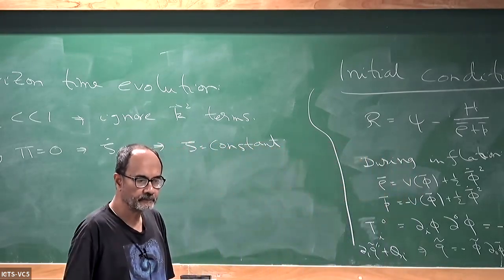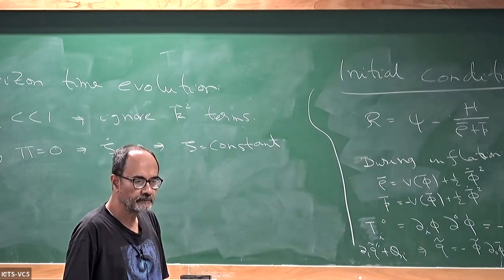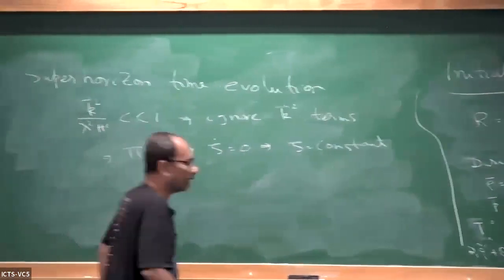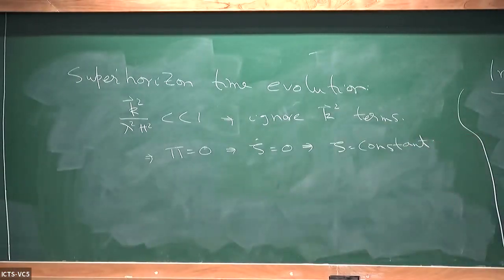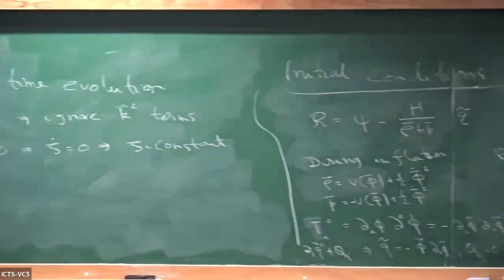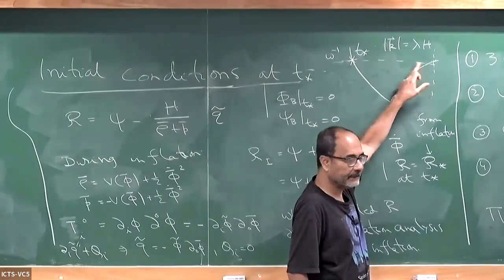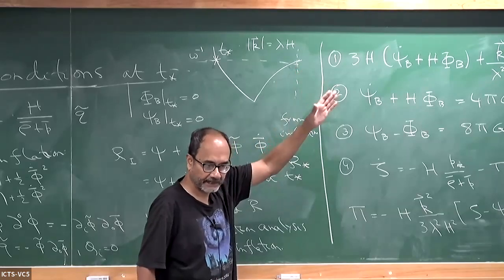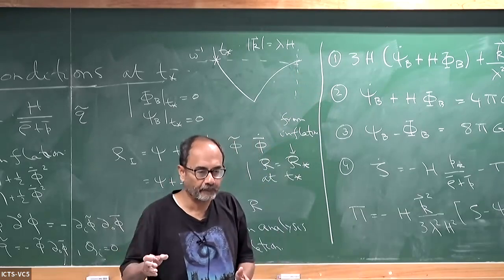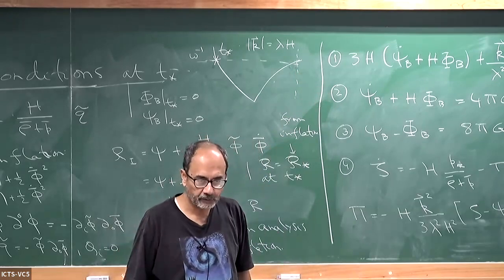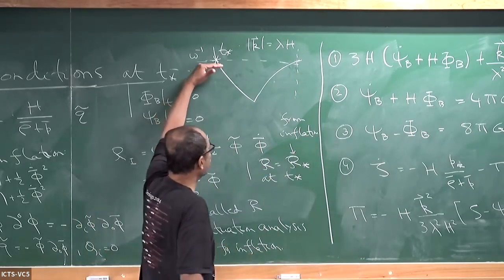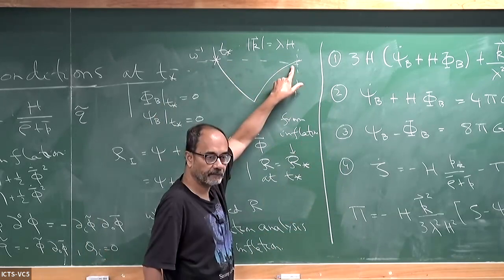Just saying what this corresponds to: super horizon. We are taking k squared to be small, which basically means for the period of time for which this line remains above this curve. Forget about the last scattering; whether it entered before or after last scattering is a separate issue. These equations, setting k squared equal to 0, will remain valid as long as this line stays above this curve.